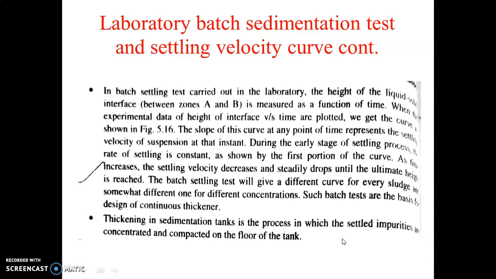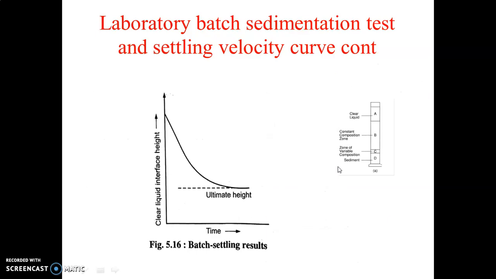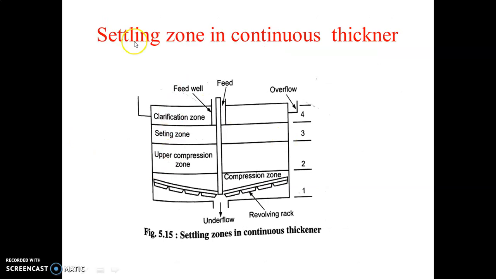But in a batch settling test or batch sedimentation, these zones have different thickness or layers. This does not happen in a continuous thickener, because feed is continuously coming from this side and sludge is continuously withdrawn from this side.